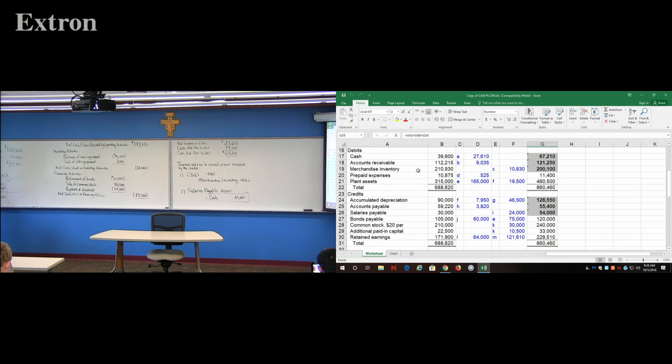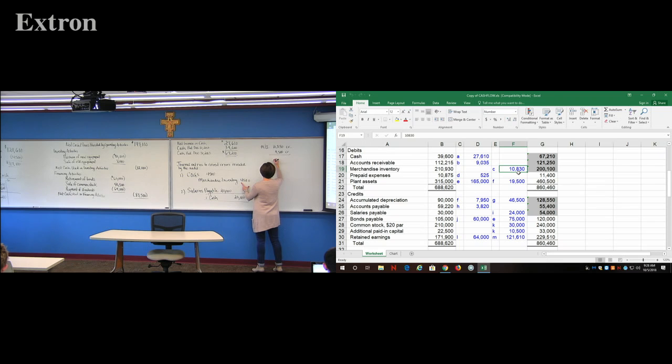Okay, so let's start with merchandise inventory because I think that's probably the easiest place to start. Merchandise inventory, we credited that account for $10,830. Again, I'm not going to draw these T accounts up here, but let's just do it this way. This error gives us another 4,500 as a credit.